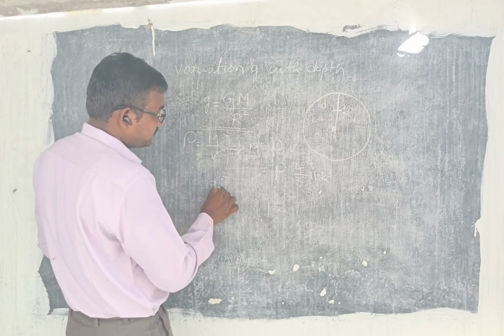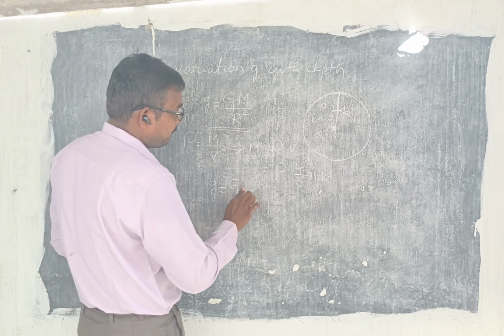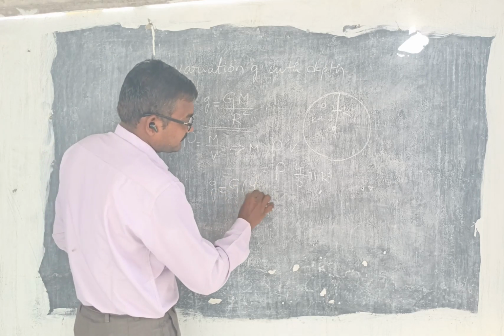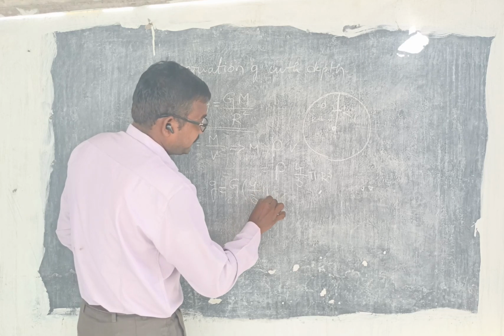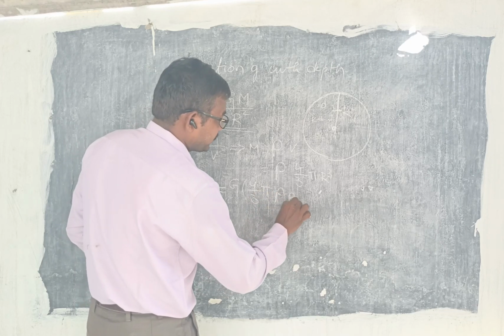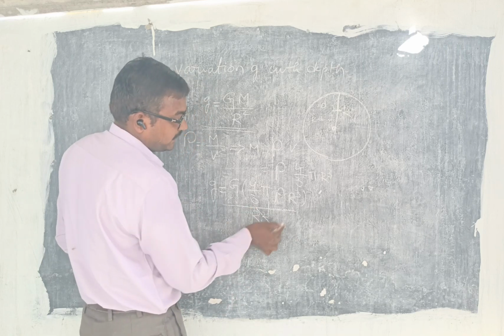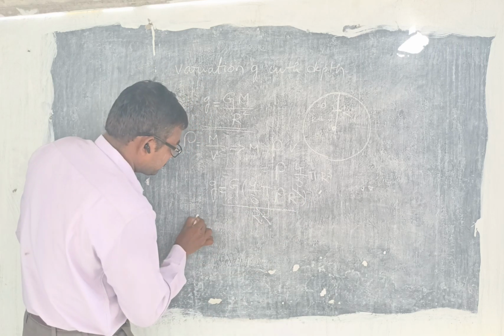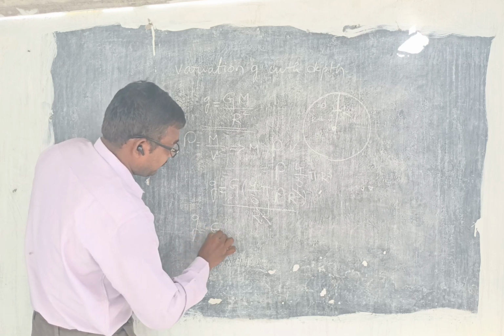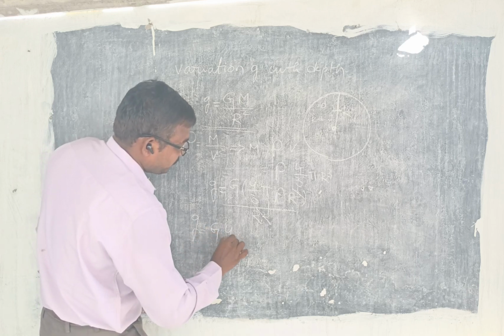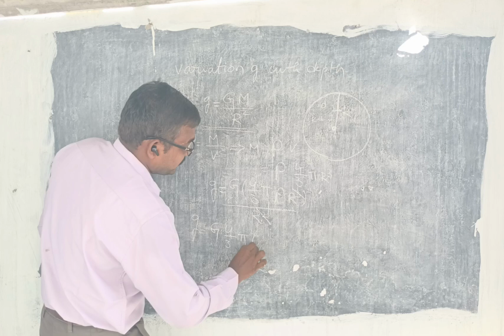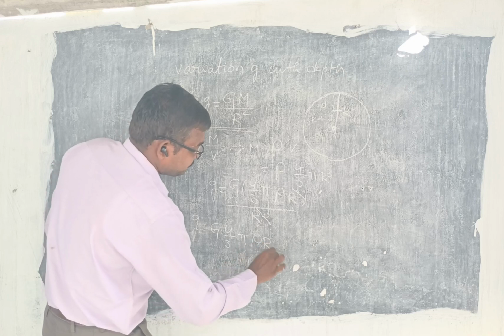Small g equals capital G, capital M means 4 by 3rd pi rho r cube by r square. Here r square, here r cube, cancel it. Small g equals capital G 4 by 3rd pi rho r.